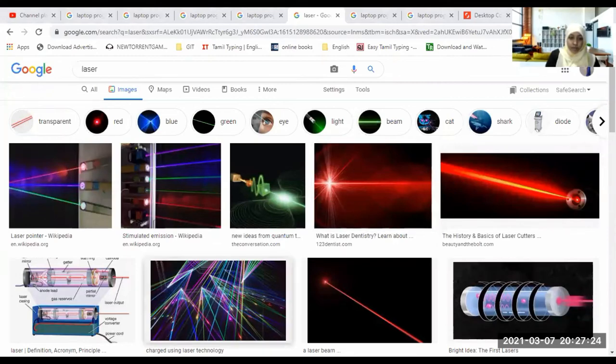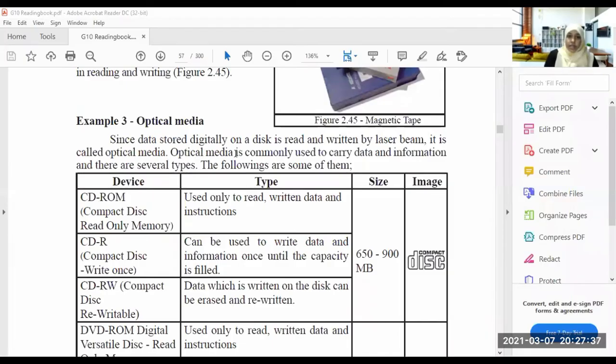Just think how powerful it is when we use it to write and read data from CDs and DVDs. Since data stored digitally on a disk is read and written by laser beams, it is called optical media. Optical media is commonly used to carry data and information, and there are several types.